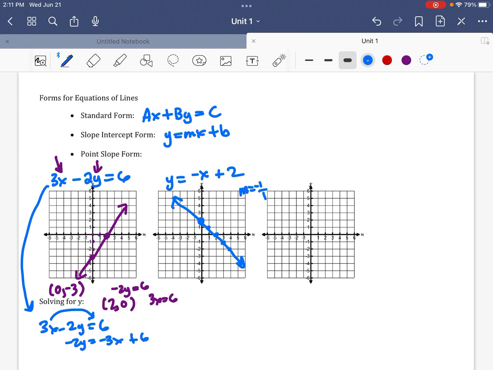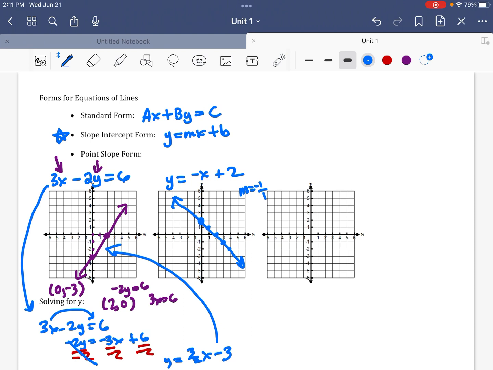I'm putting it in front of the 6 because I'm trying to prep for this format right here. Now I have to divide every single part by negative 2. And so now I have y equals, this cancels out, 2 negatives make a positive, 3/2 x, and then this makes a minus 3. And look, that's the equation of that line in slope-intercept form.